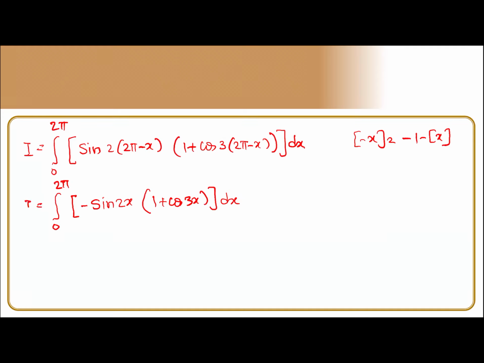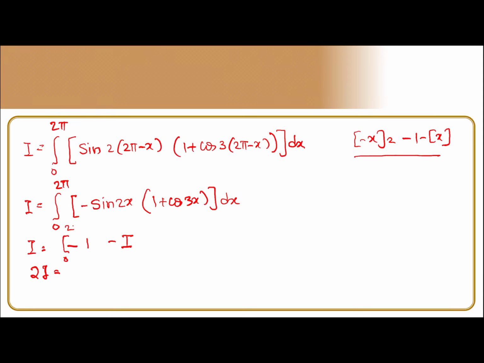Using that property, I becomes minus 1 minus I. This is the same, minus I. So using this property you get 2I is equal to, when you put this as minus I, this means 0 to 2 pi.